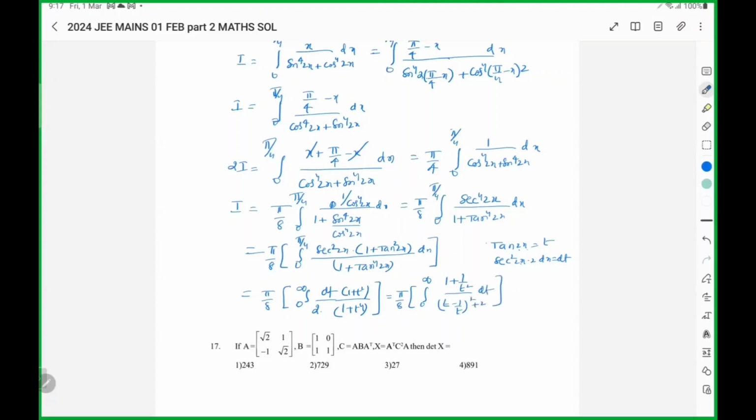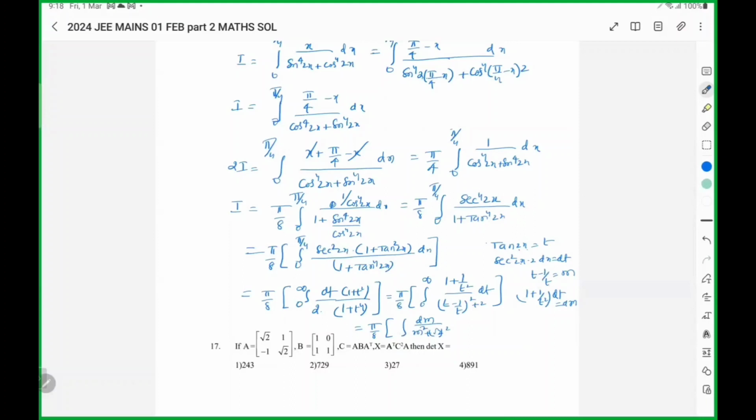So here this t minus 1 by t, if you take it as m, then (1 plus 1 by t square) dt will be dm. So pi by 8, here dm by m square plus root 2 whole square.